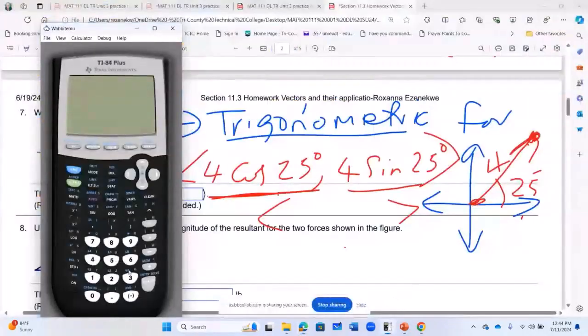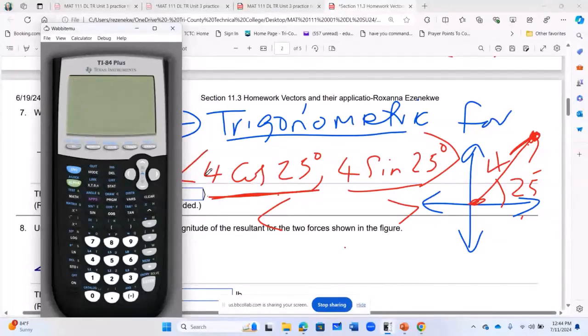Before I start doing this, I have to go to mode first, because they give me the angle in degrees. You cannot forget this, and make sure that the mode is in degree. Then you can go ahead and multiply.